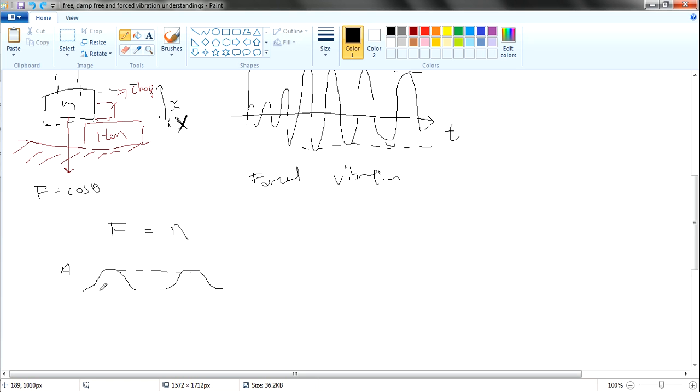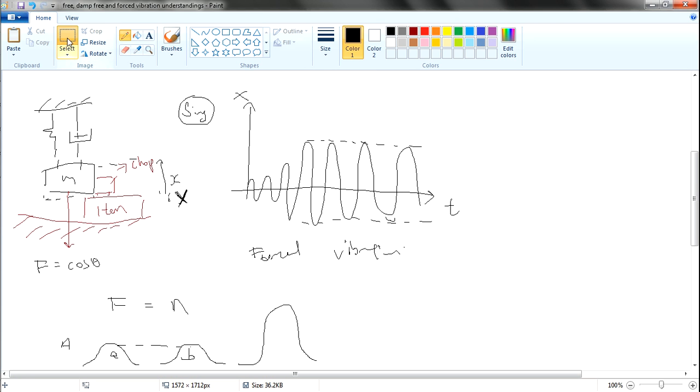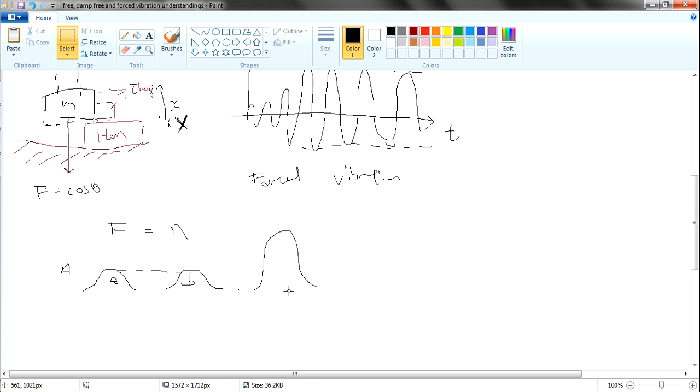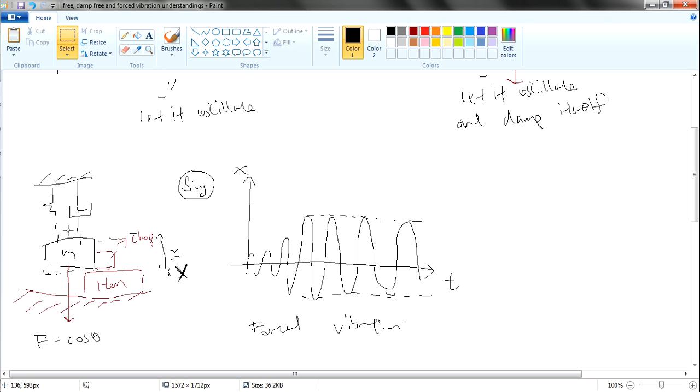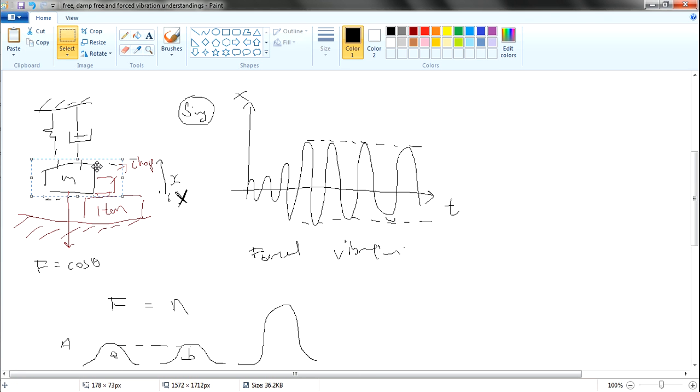So resonance happens when A and B are the same, so it will be A plus B. If they meet their resonance level, eventually it will be very large. I believe this signifies the amount of force that will cause damage to the spring and the damper itself.